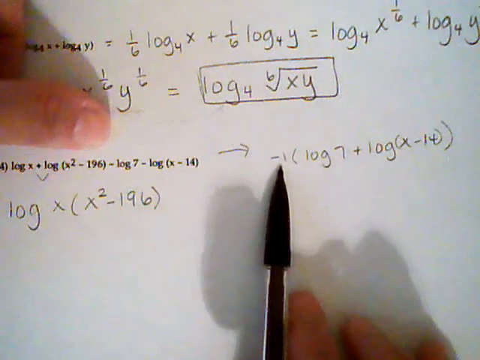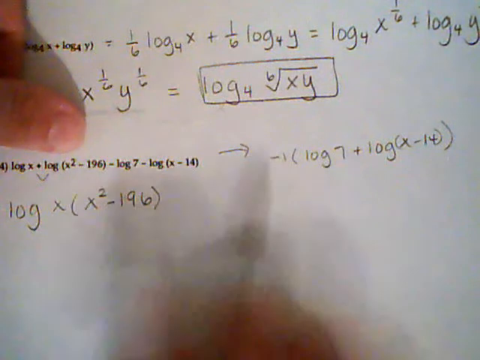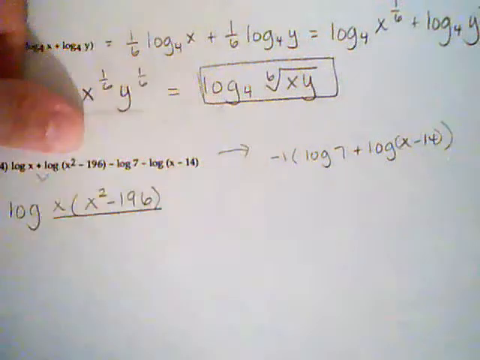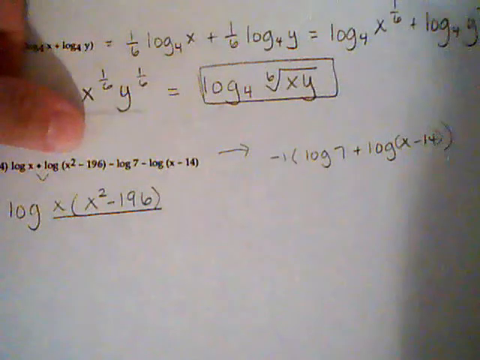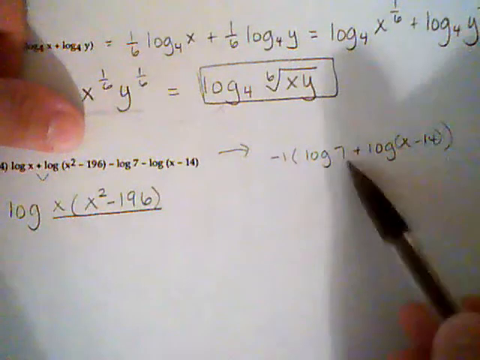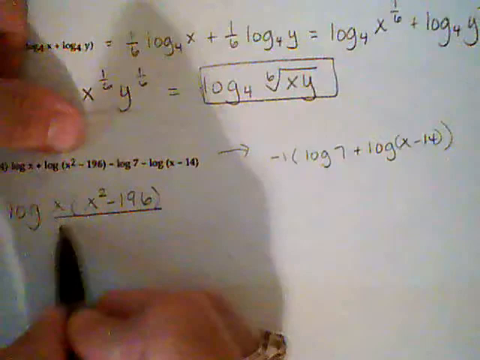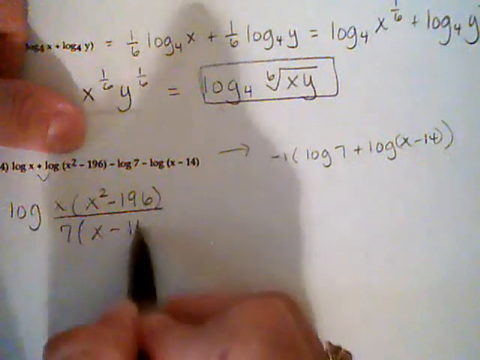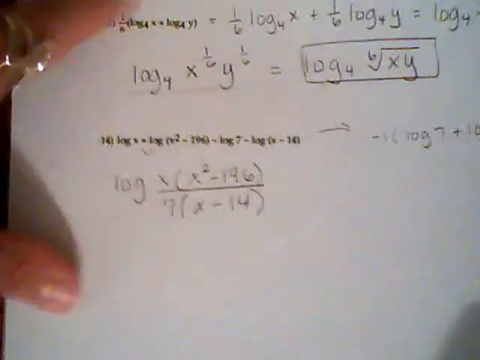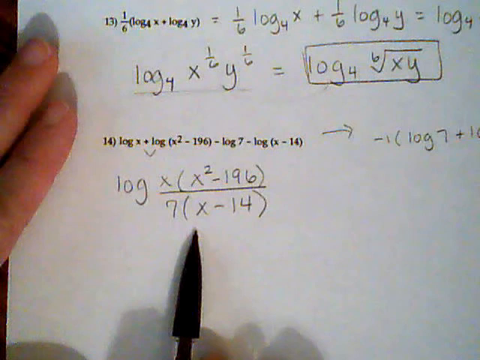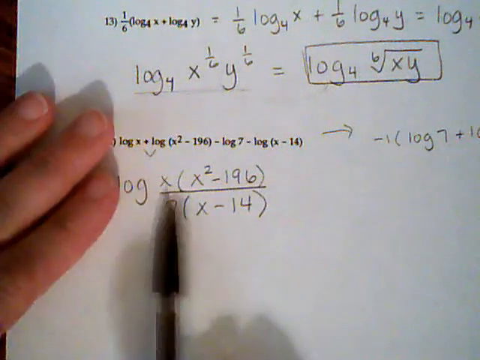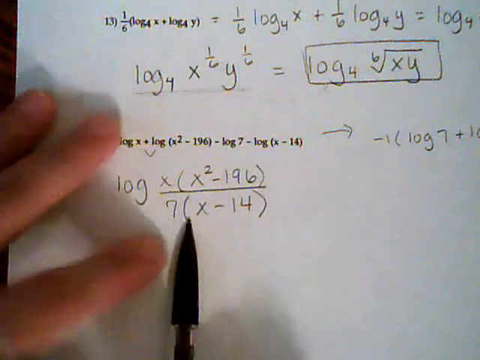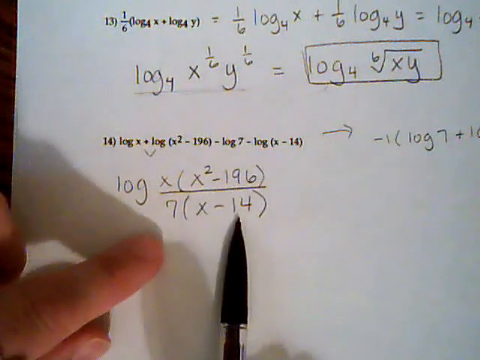If I'm factoring out that negative 1, by having that subtraction, it means I'm going to have a quotient. Okay, so then because now these are being added, it's going to be a quotient, and then I'm going to have a product also in the denominator. So I've condensed it to 1 log of x times x squared minus 196 over 7 times x minus 14.